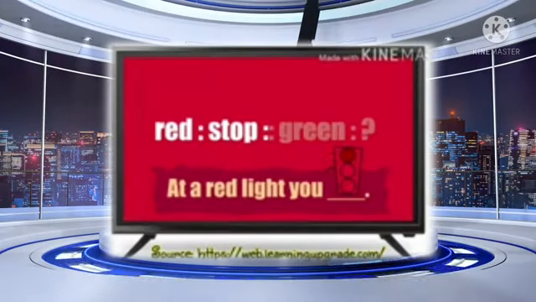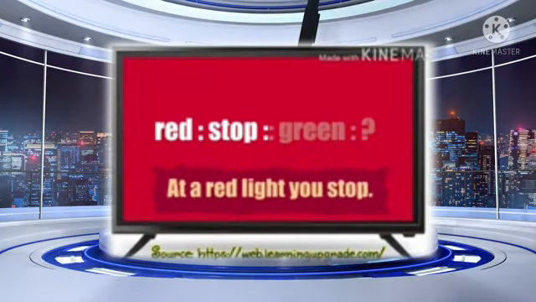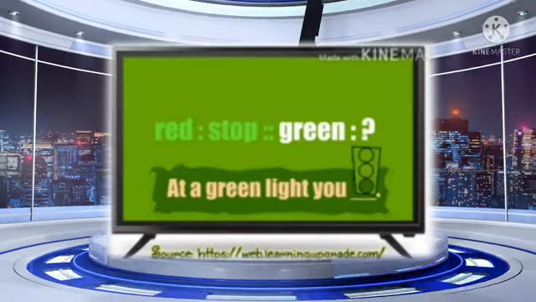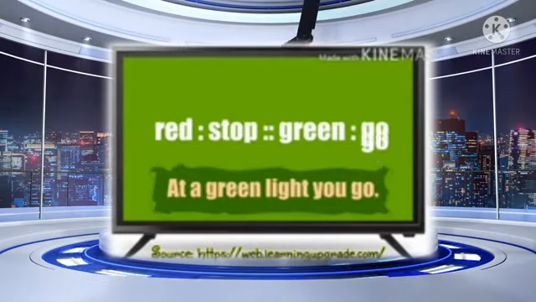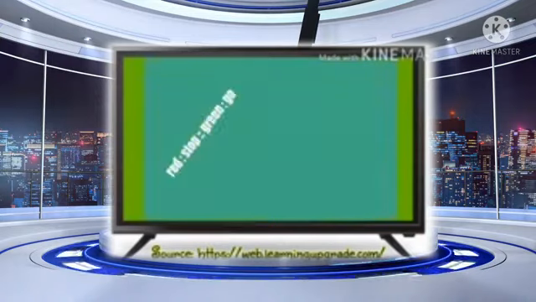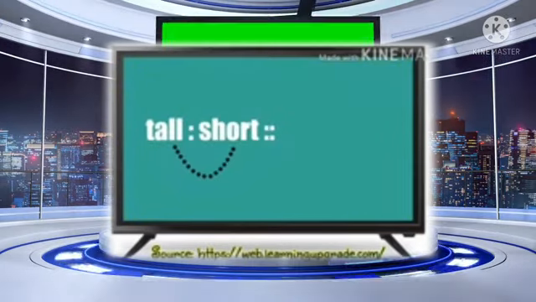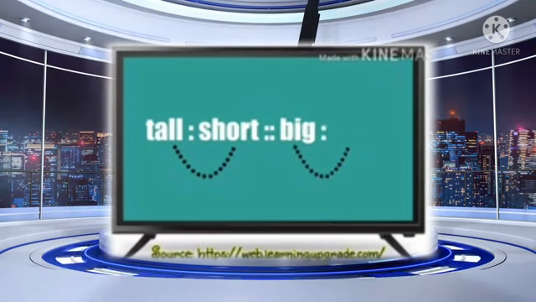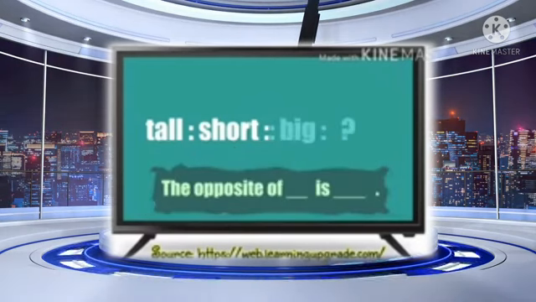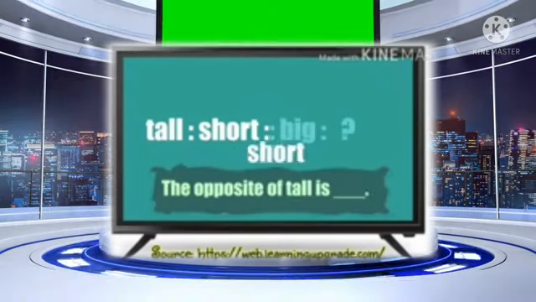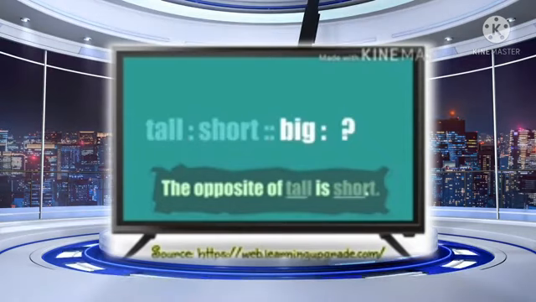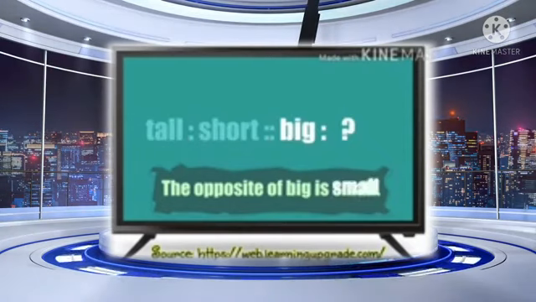At a red light you stop, at a green light you go. Tall is to short, as big is to what? The opposite of tall is short. The opposite of big is small.